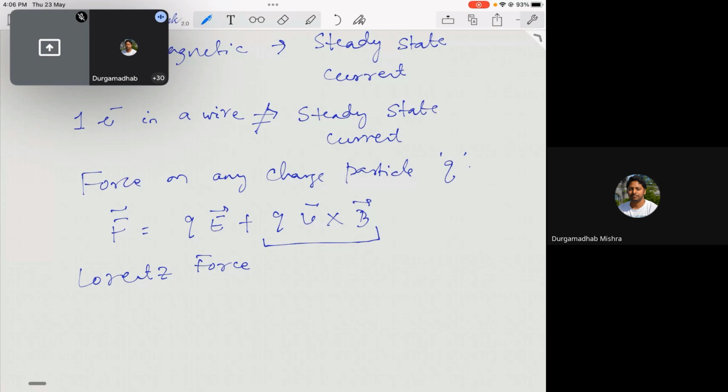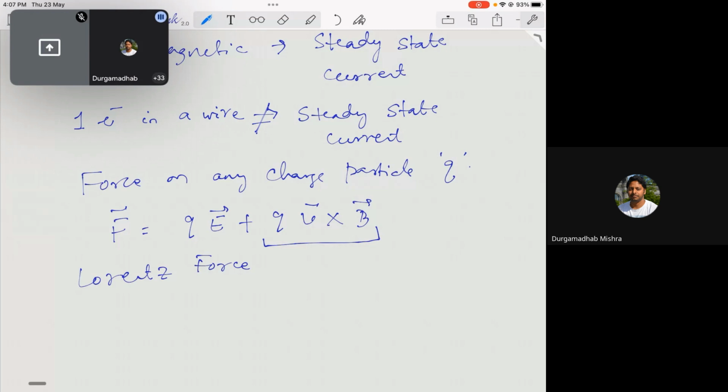Otherwise, the magnetic force will be zero if the charged particle is at rest. And this is one aspect of the combined effect of electric and magnetic field on a charged particle.